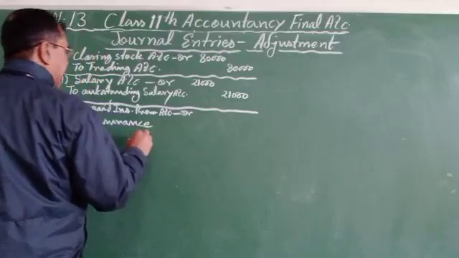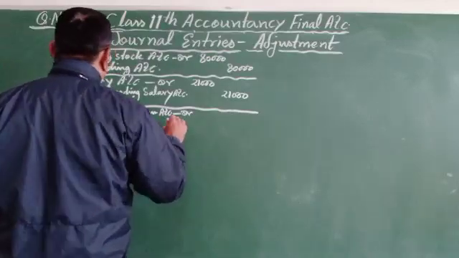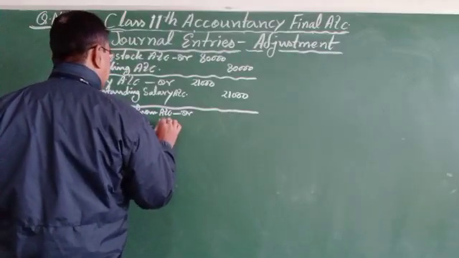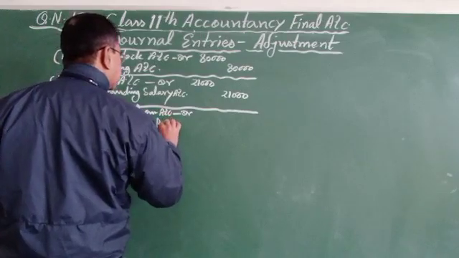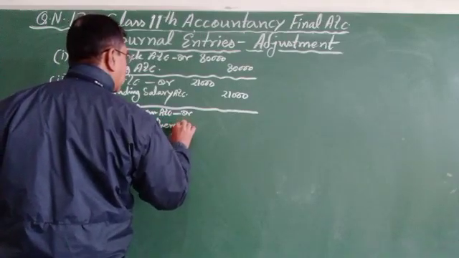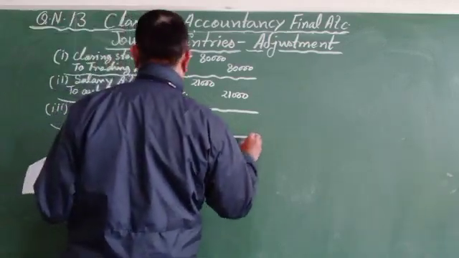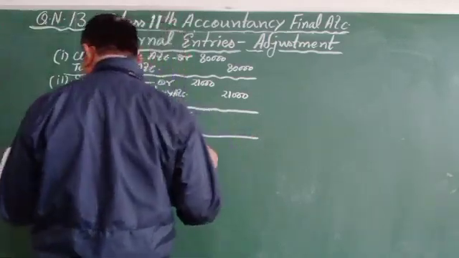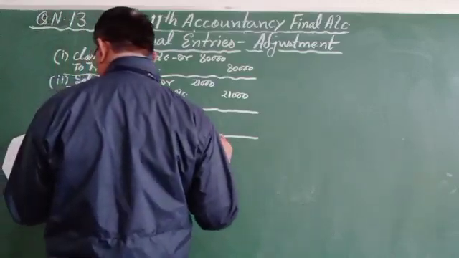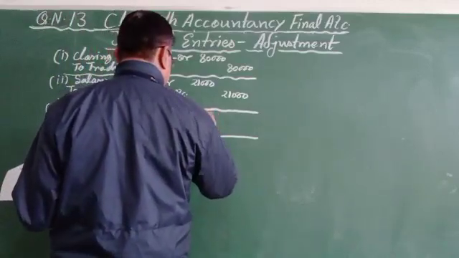It belongs to the next year. That's why it will be deducted from the insurance. So the insurance premium will be credited and prepaid expenses debited by the amount 10,000.